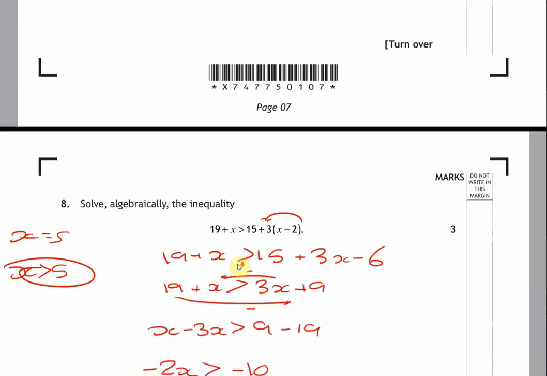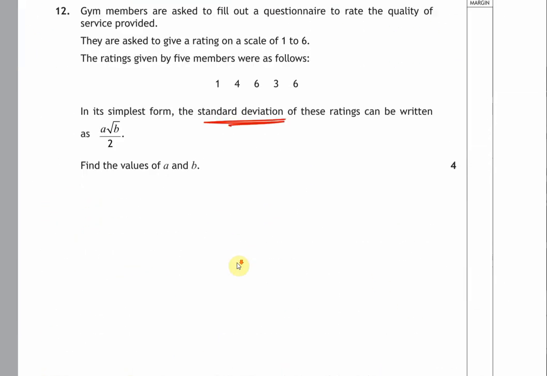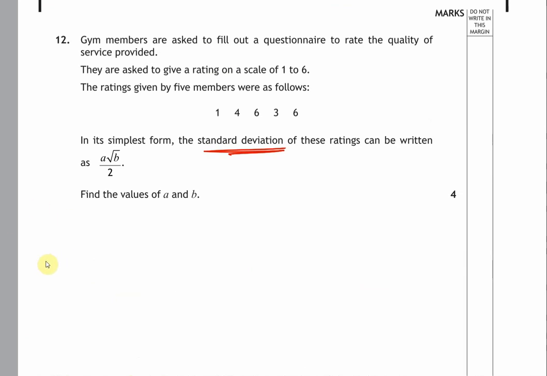So again, I'll scroll back down and we will begin to solve this. So we know that s equals the square root of the summation of x minus x bar squared over n minus 1.